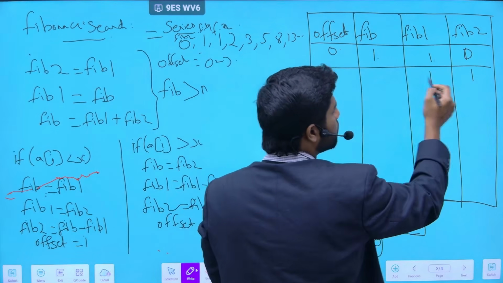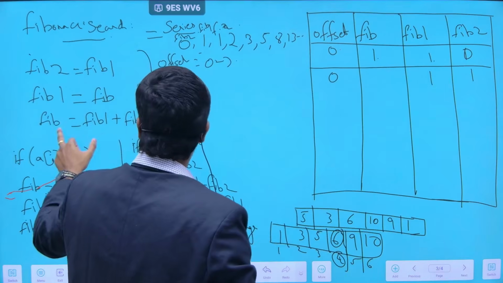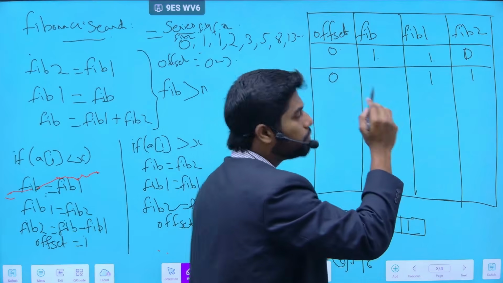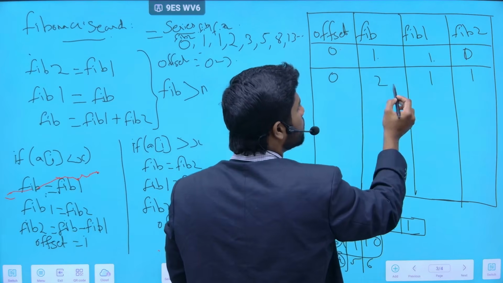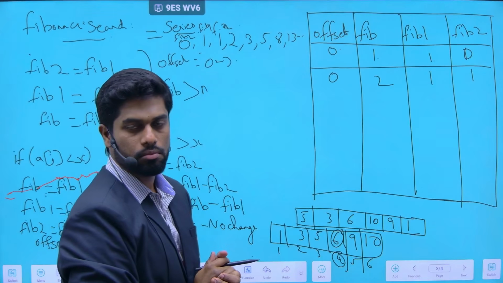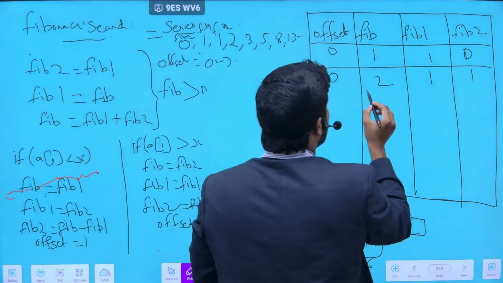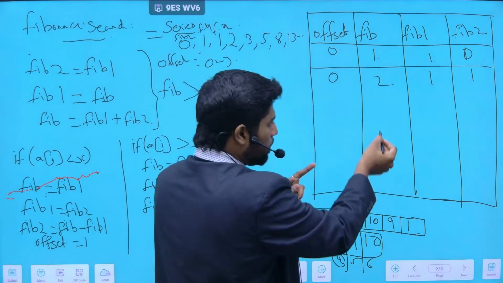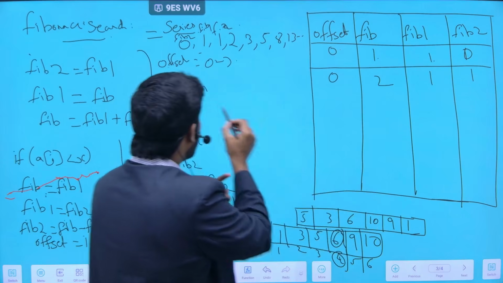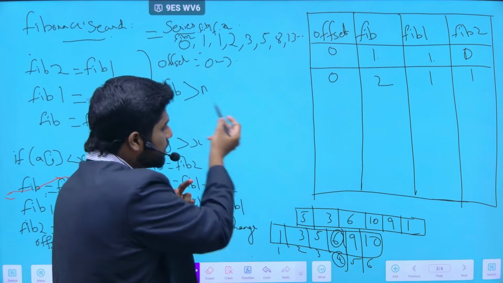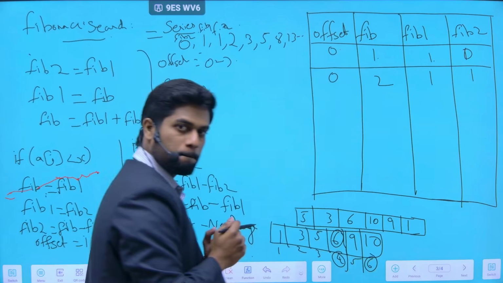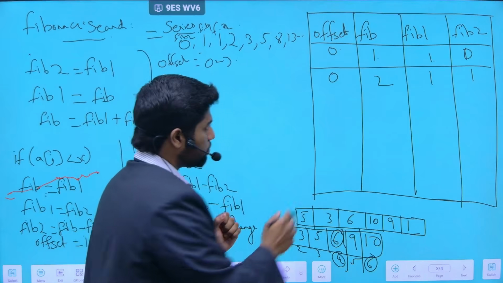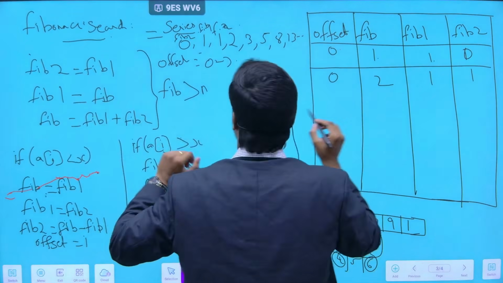Next, fib equal to fib 1 plus fib 2, that is 1 plus 1, 2. Now until this fib must be greater than n. What is n here? 6. Until fib is greater than 6, go on, repeat the process again and again.